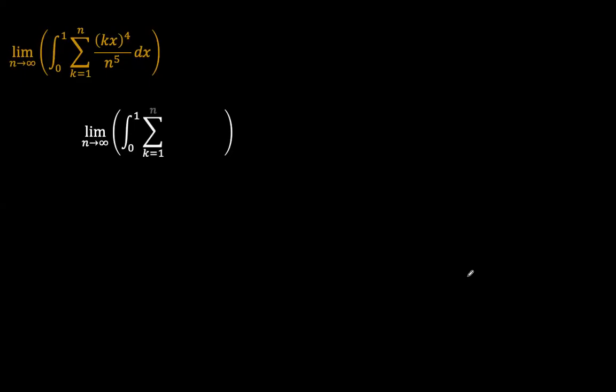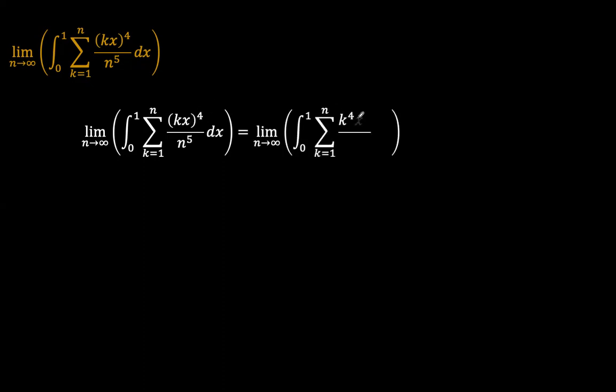Now, jumping onto the solution, one thing I could do to simplify this problem is decouple the k and x. kx to the power 4 is the same as k to the power 4 times x to the power 4.